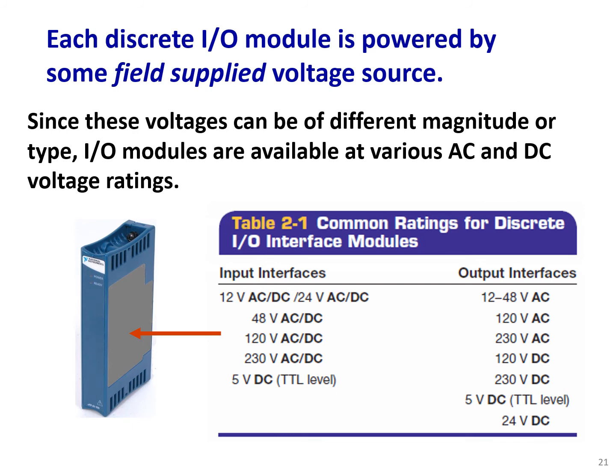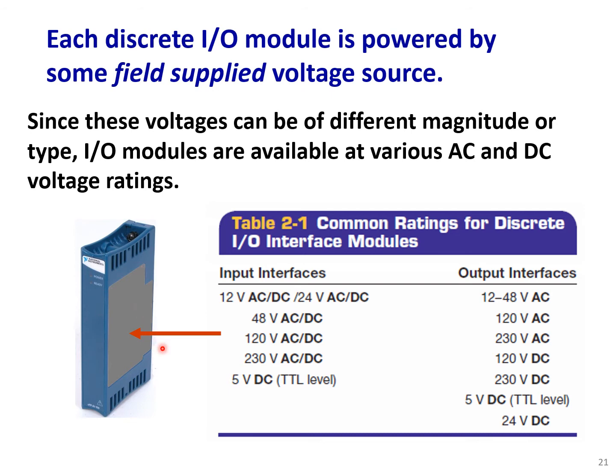Each discrete I/O module is powered by some field supply voltage source. Since these voltages can be of different magnitude or type, I/O modules are available at various AC and DC voltage ratings.